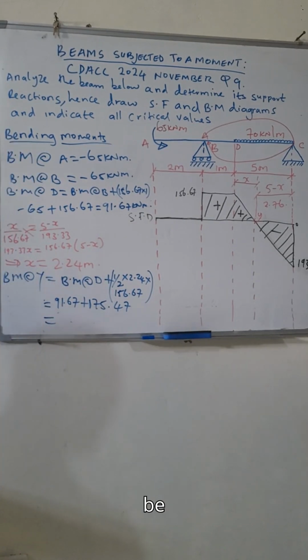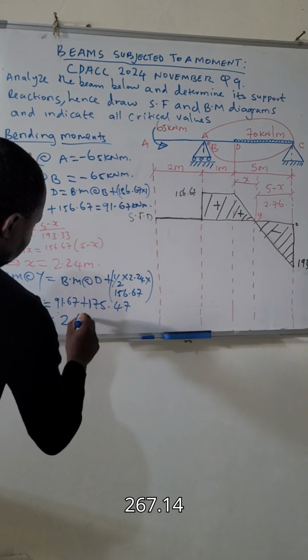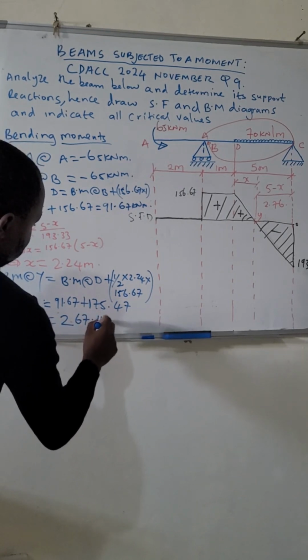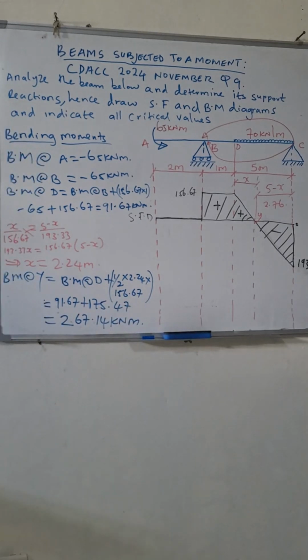So this one will be 267.14 kilonewton meter. So that is our bending moment at Y, which is the maximum bending moment.